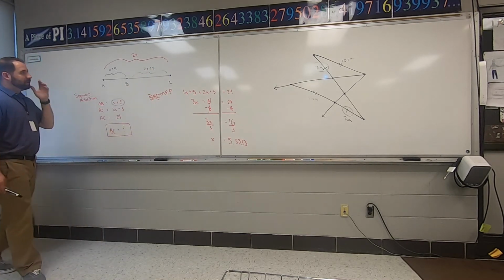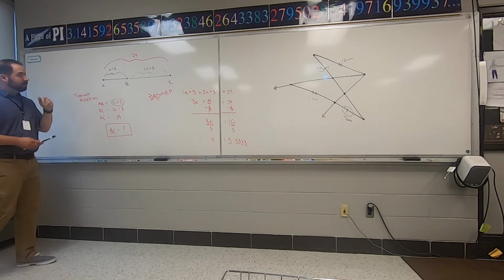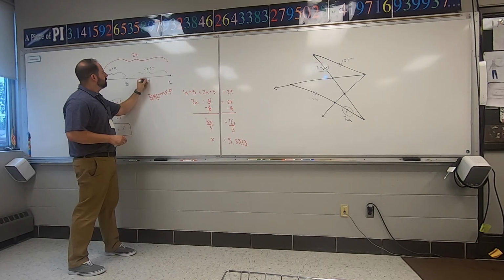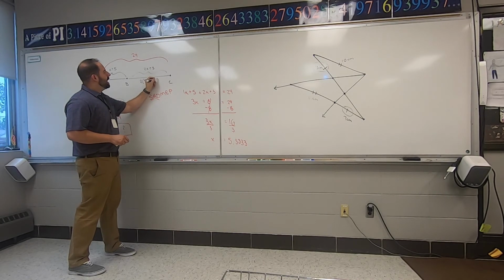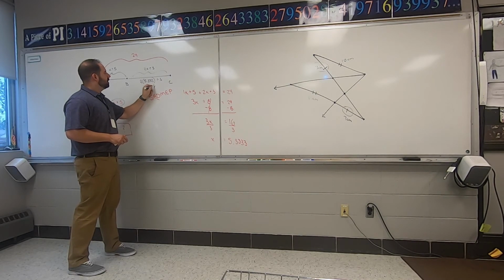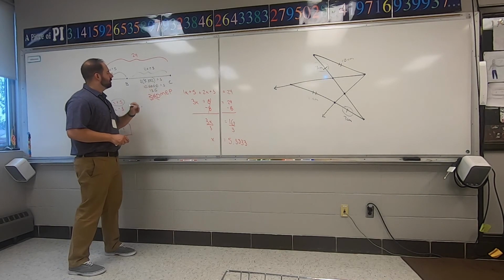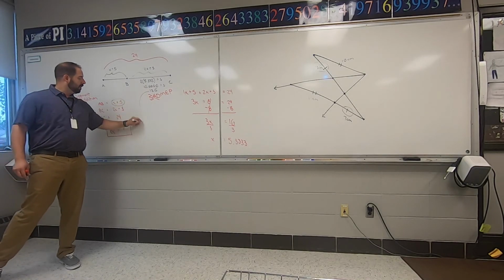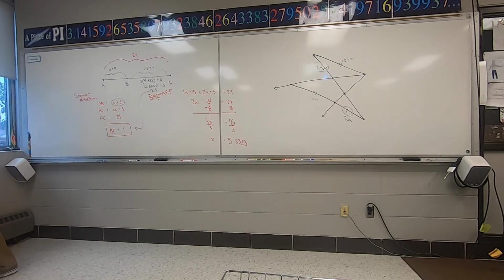I have to take 2 times 5.3 repeating, which is 10.6, and then add 3, so this ends up being 13.6 repeating. That's the answer they want, the answer that answers the question in the long run.